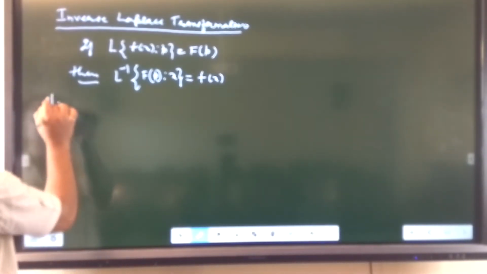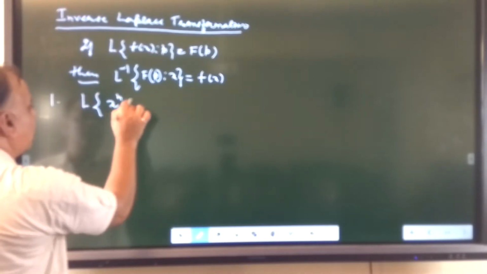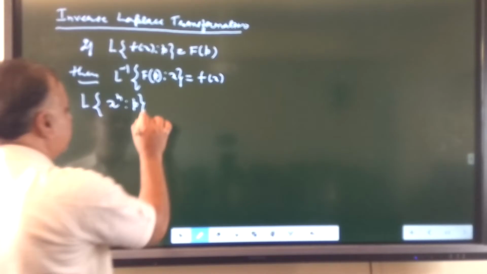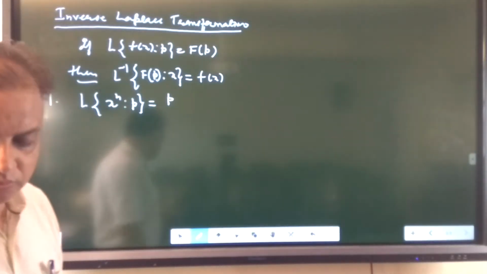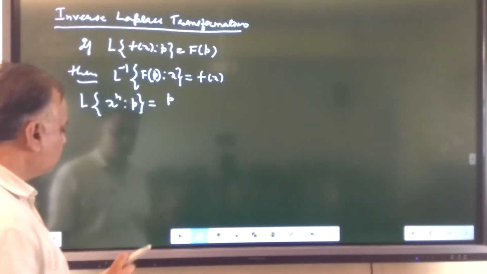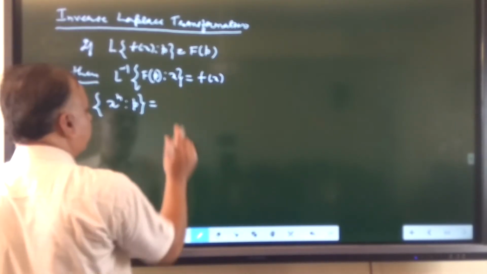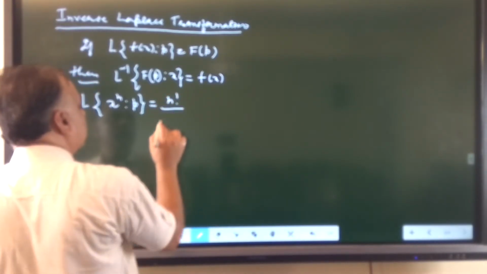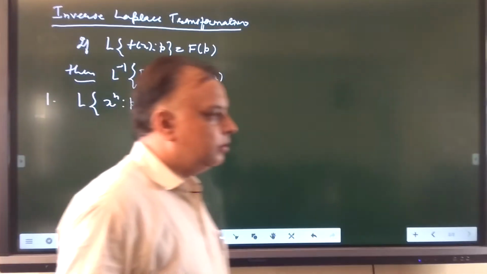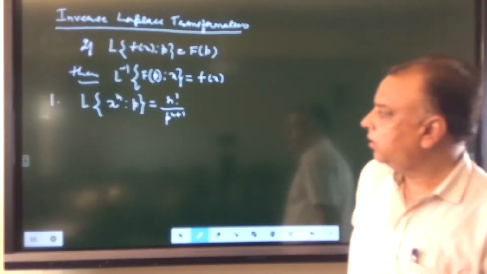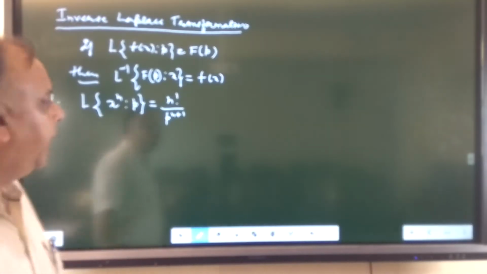First, we know that the Laplace transformation of x raised to n with respect to p is equal to factorial n upon p raised to n plus 1.